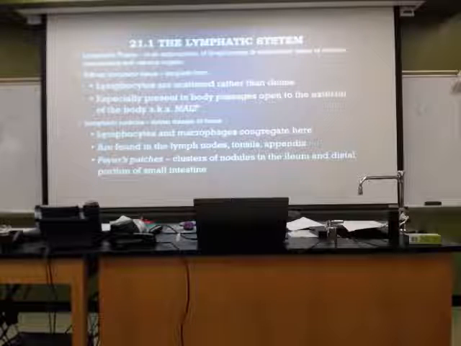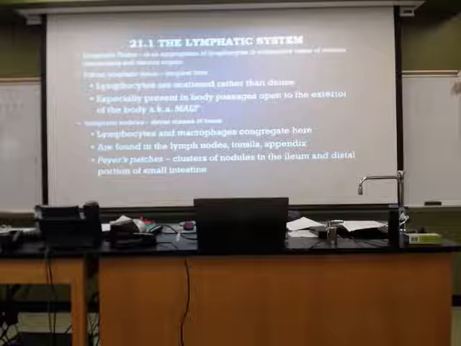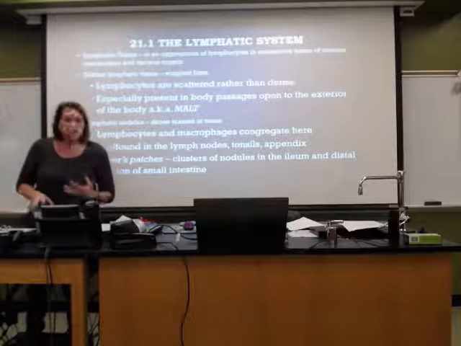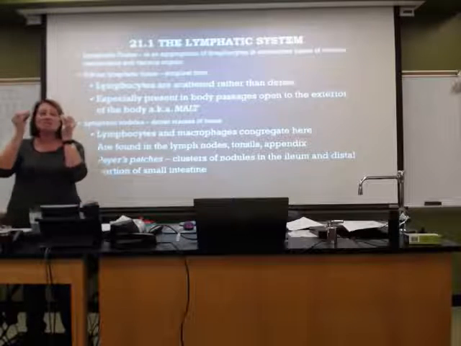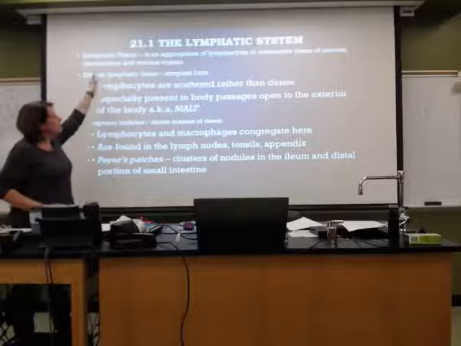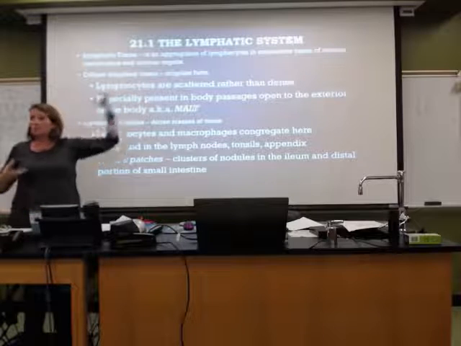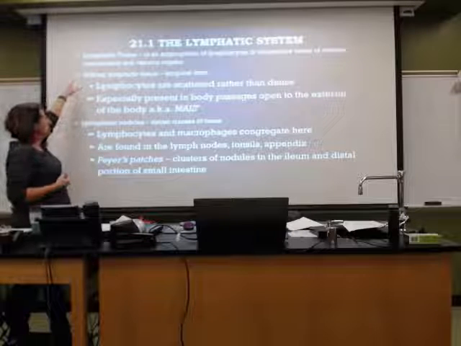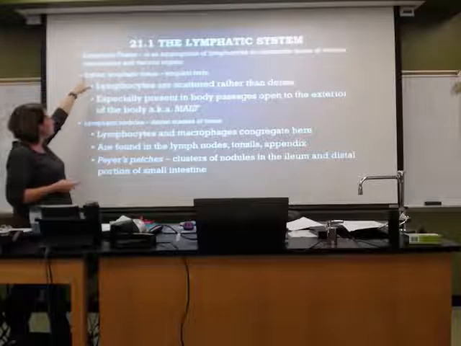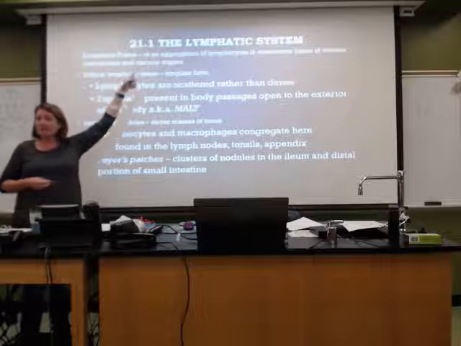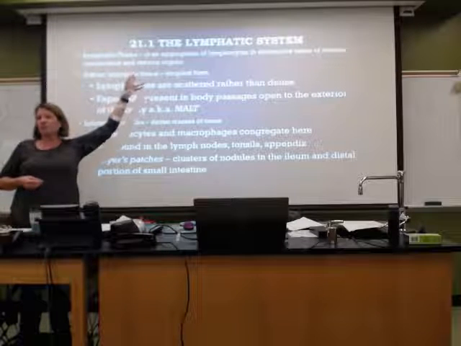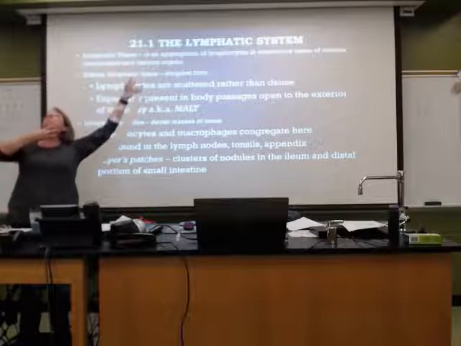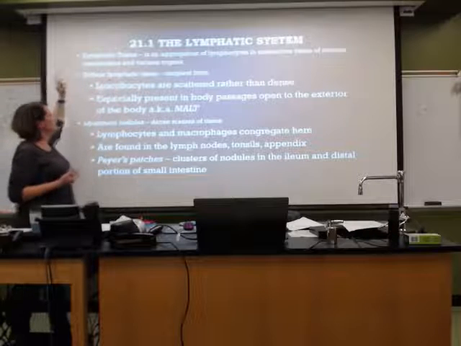Okay? Now, this aggregation of lymphocytes, which are the white cells, okay, in the connective tissue of the mucous membranes and then various organs, I would say that's pretty important, okay, for all the stuff that we're exposed to from the outside.